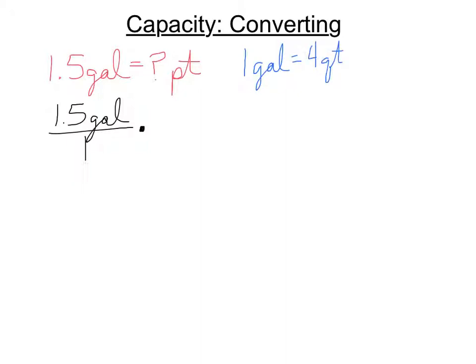So I'm going to use that as my first unit multiplier. So since gallons are on top, in order for these to cancel out and disappear, I'm going to need gallons on bottom. Well, gallons, the number that goes with it is 1. Up top, I just put in the other measurement, so 4 quarts.